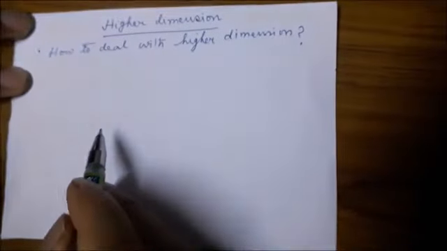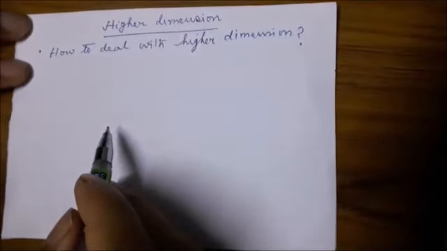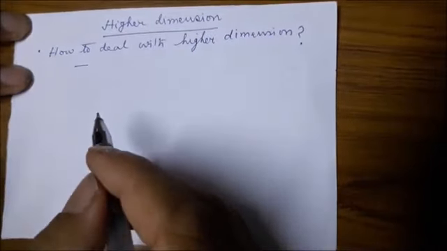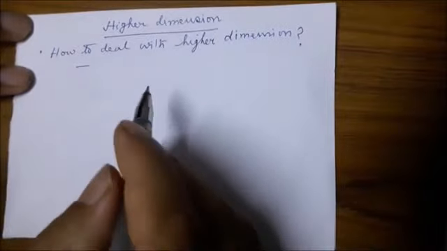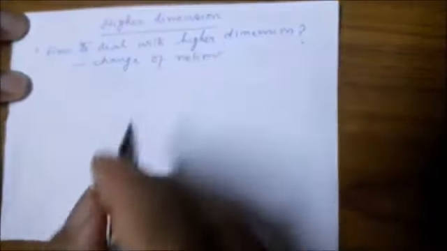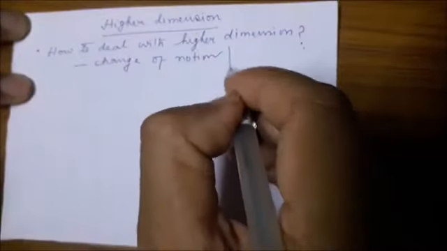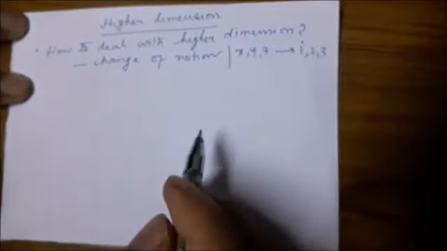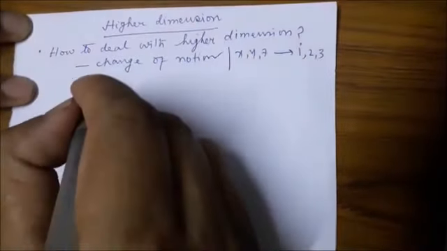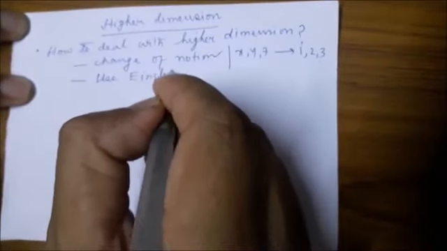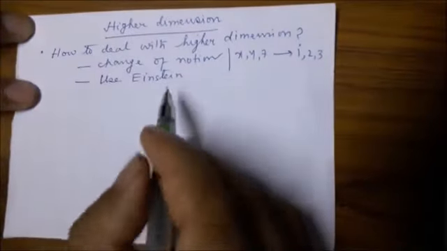Higher dimension is a complex thing and we can deal with it effectively by using Einstein's Summation Convention and by a change of notation. So, change of notation: instead of x, y, z, we can use numbers, say 1, 2, 3 and so on. And another thing is use of Einstein's Summation Convention. That makes the problem look simple.